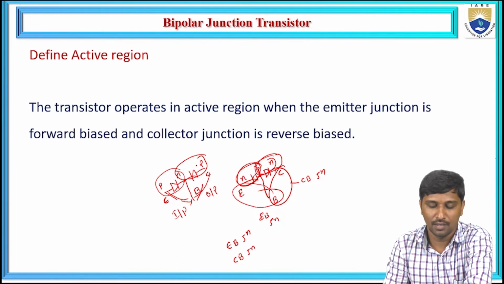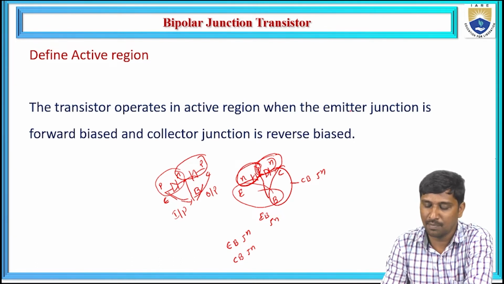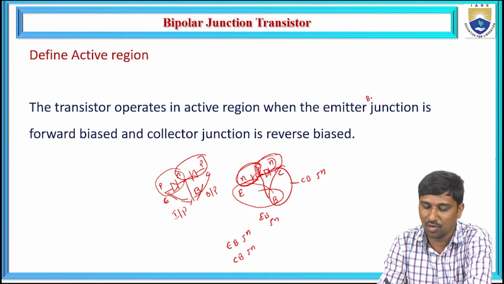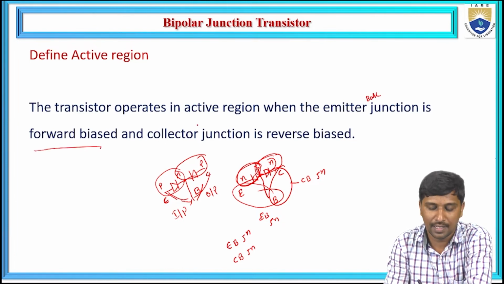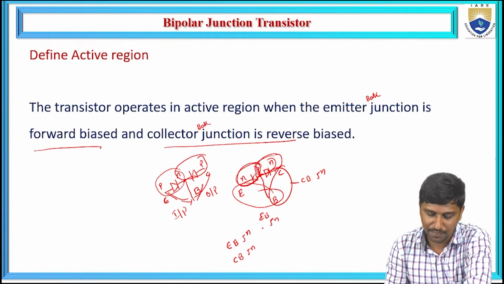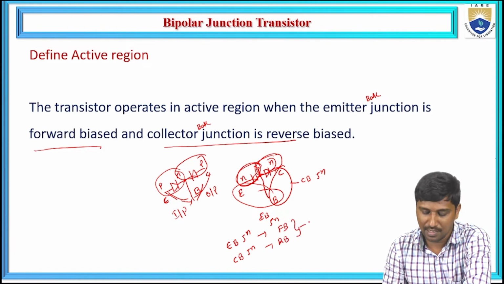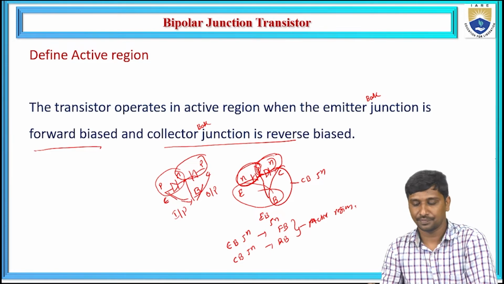If you want to make this the active region, we need to follow that the emitter junction, or emitter base junction, is always forward biased, and the collector junction, or collector base junction, should be reverse biased. Hence, if the emitter base junction is forward biased and the collector base junction is reverse biased, then we can say that this mode of operation, this region, is called the active region.